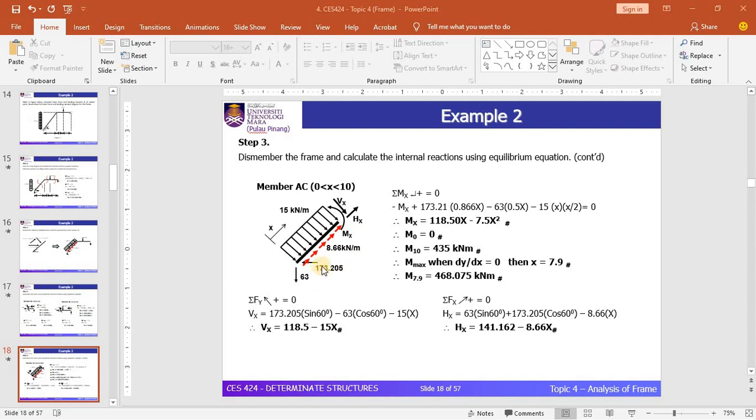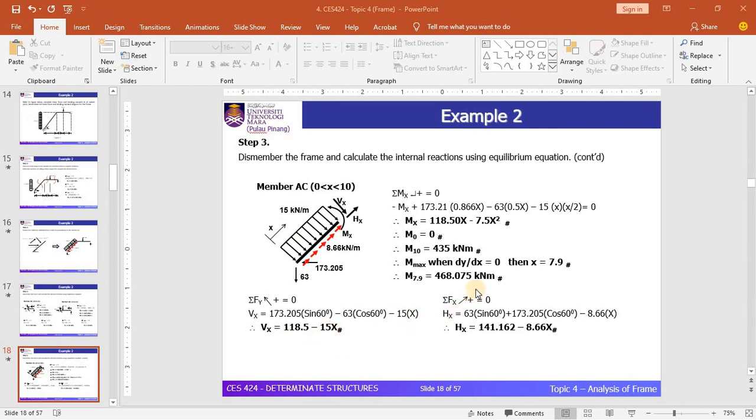So you need to convert this from the original direction into the vertical component, and likewise for this vertical reaction, which is opposite to our positive sign convention. This UDL multiplied by the x distance gives the total load. Simplifying this, you get the shear force equation for the member.